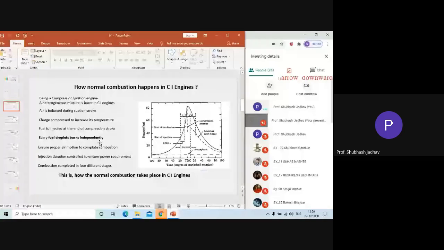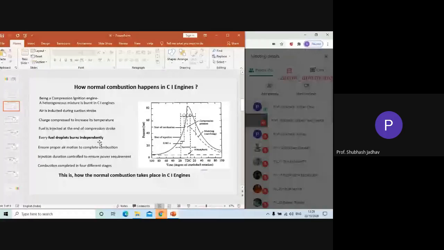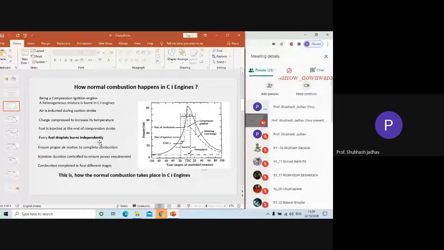To ensure that the droplets burn completely, we have to ensure that air motion is imparted to the air inside the combustion chamber. Different types of air motion are there, like swirl, squish, etc. These motions are imparted to the air to ensure that a proper air-fuel mixture is formed and proper burning happens inside the combustion chamber.